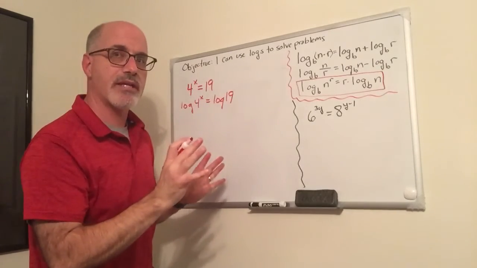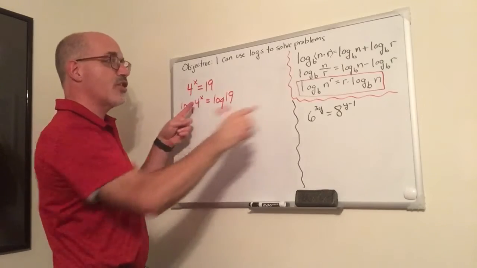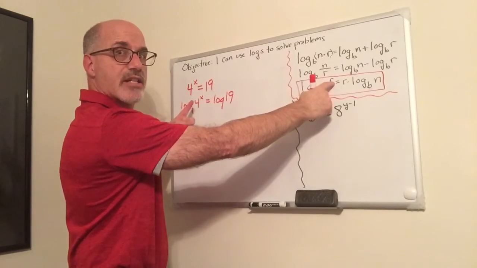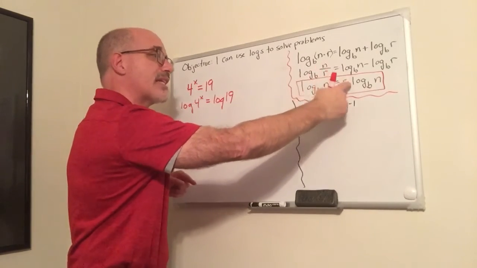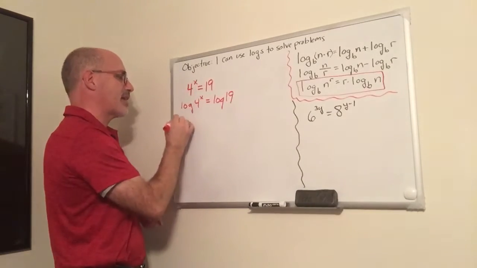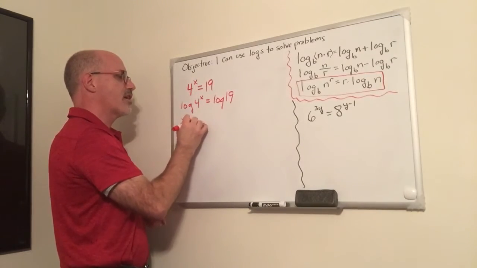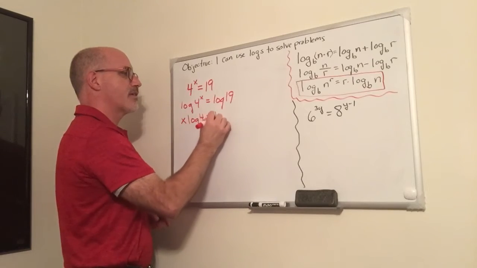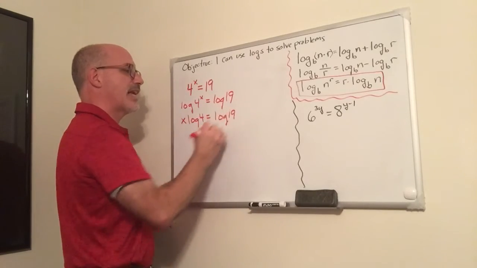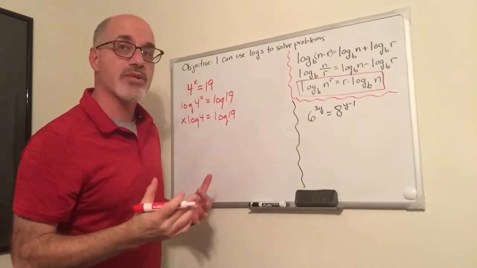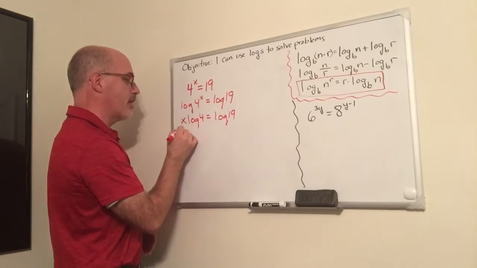I'm not listing a base, so it's the common log. Notice I can use this rule that says if you have an exponent there, you can bring it down in front. So I'm going to bring that x down in front of log of 4 equals log of 19. And now I can divide both sides by log of 4.